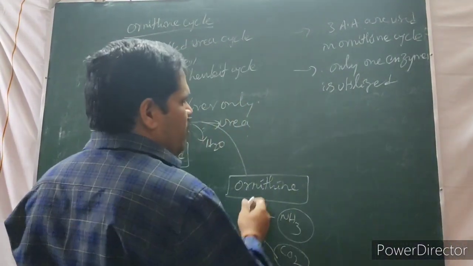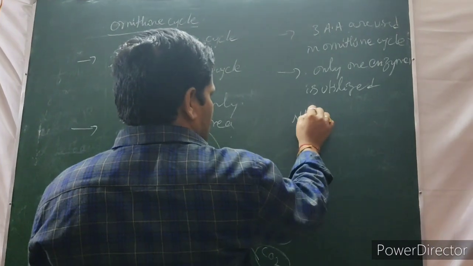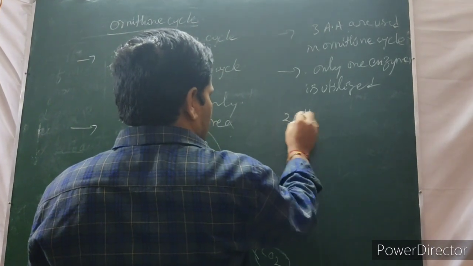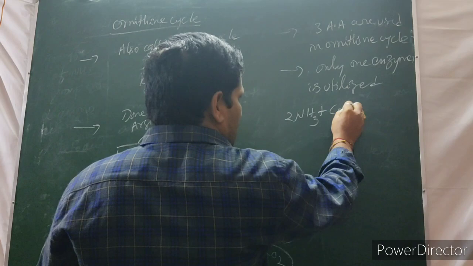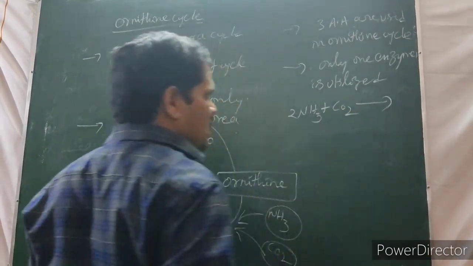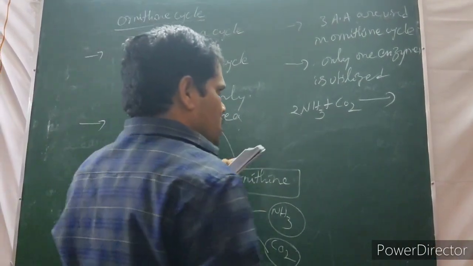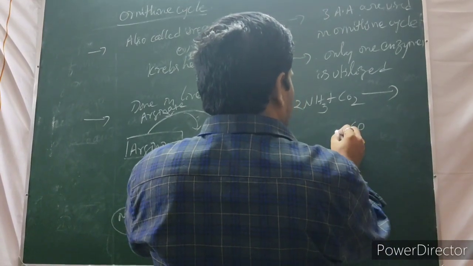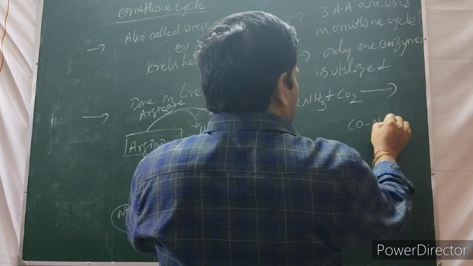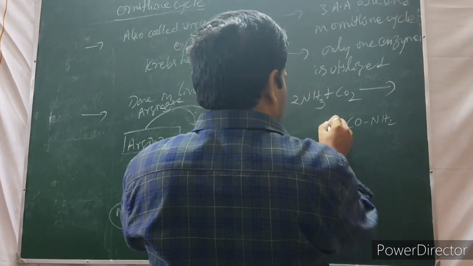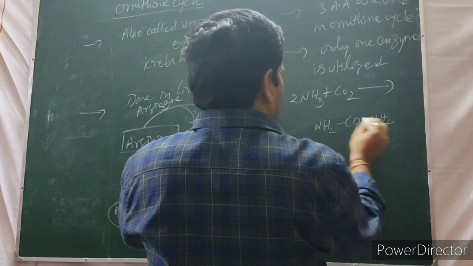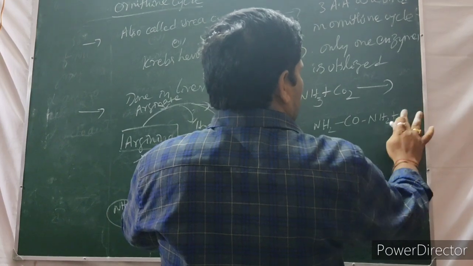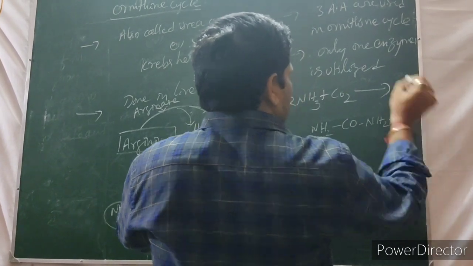Two molecules of ammonia and one molecule of carbon dioxide combine together to form urea, and water molecules are also released.